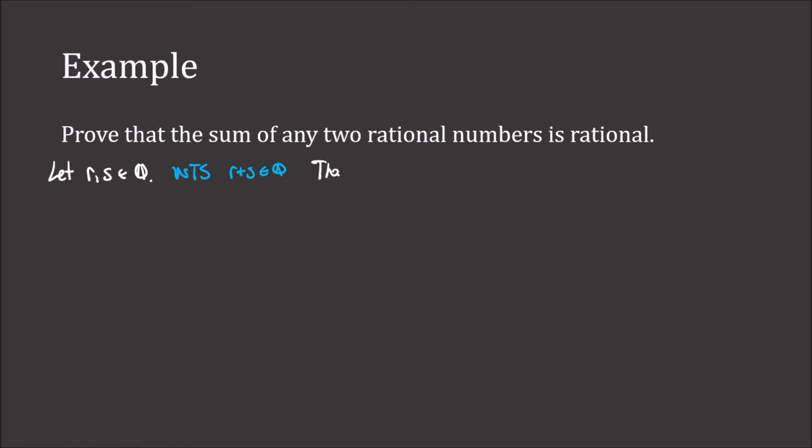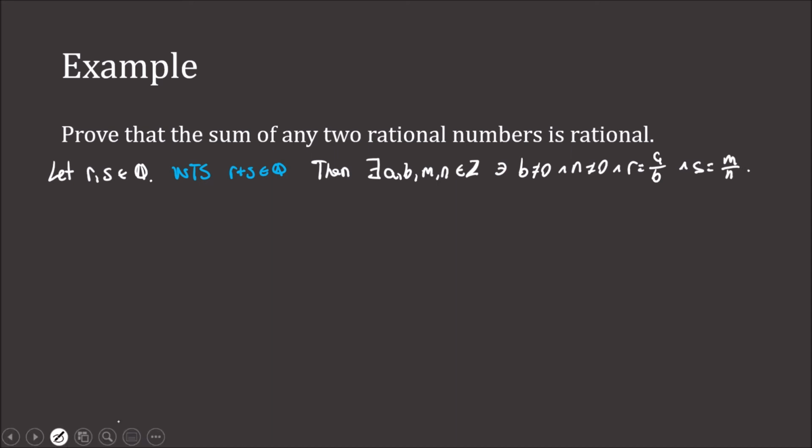So since they're rational, there exist integers a, b, m, and n such that b is not 0 and n is not 0 and R is equal to a over b and S is equal to m over n. That's by definition of rational.